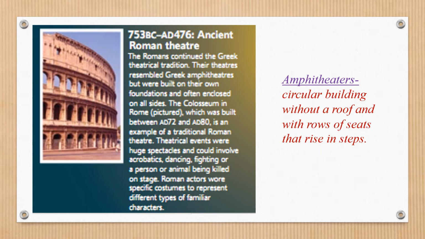All these things were shown in the Roman theater. It is also called an amphitheater. It was a circular building without a roof, with rows of seats raised into steps, as you can see in the picture shown here.